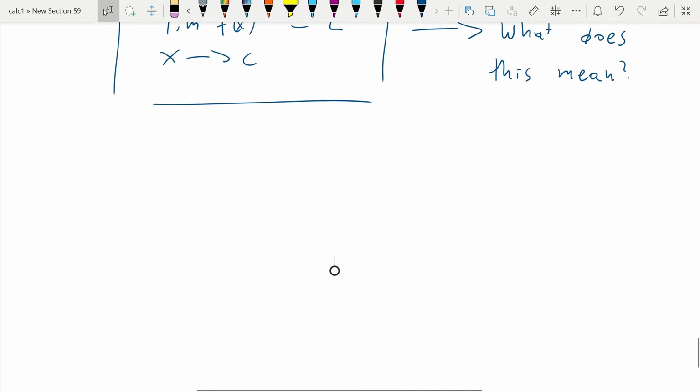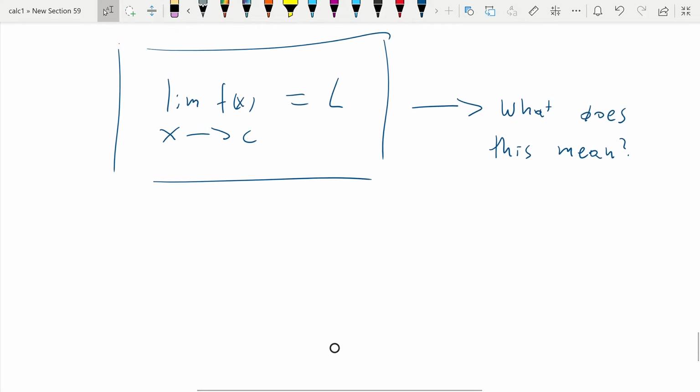So there are alternative definitions. There's one definition, the epsilon-delta, that you saw in Calc 1. There's another one involving sequences x_n whose limit is c. If you test all sequences that converge to c, and the limit of f of x_n, which is also a sequence, is L for every sequence converging to c, then you say the function converges to L as x approaches c.